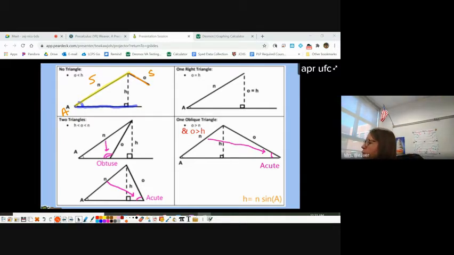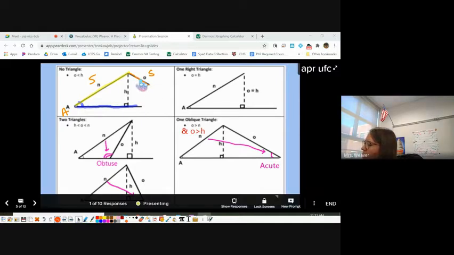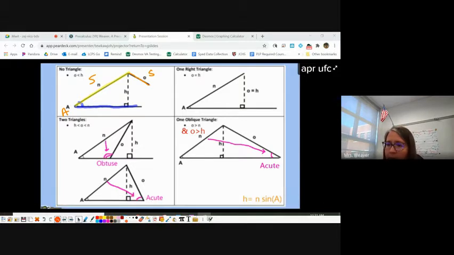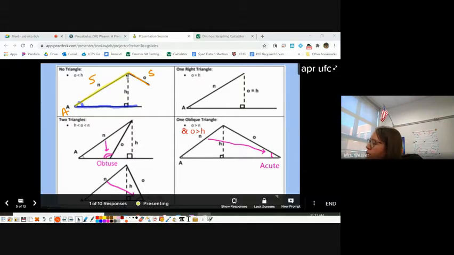Okay, so the first option is that the opposite side here, so they labeled the side opposite the angle, they labeled that the opposite side. So O stands for opposite now, and we mean it's opposite the one angle that we have, okay? And then they labeled this side N, and in the way that Mr. B taught it in the video notes, he wanted you to solve for the height, and down here at the bottom of the slide I have the formula for height.